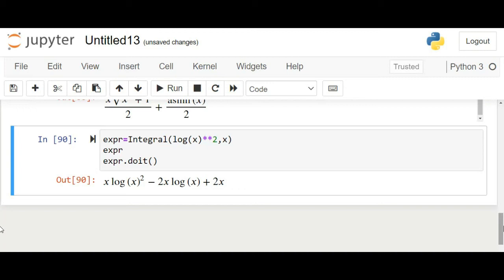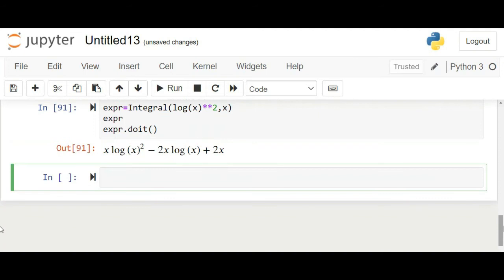And now if I would like to write a little lengthy equation, just like integral of, is equal to, integral.